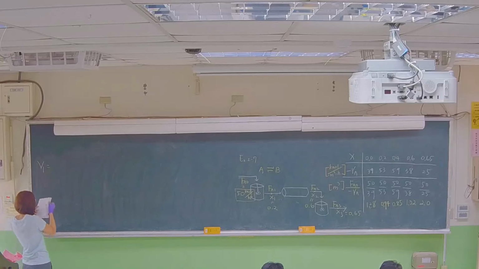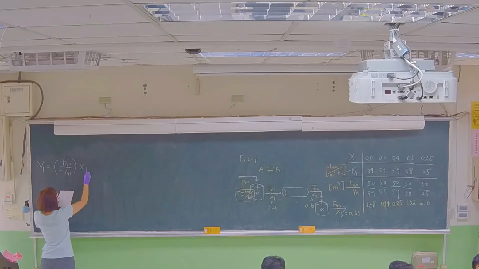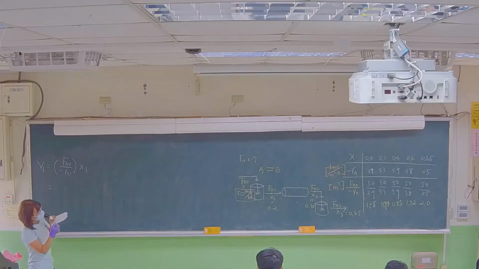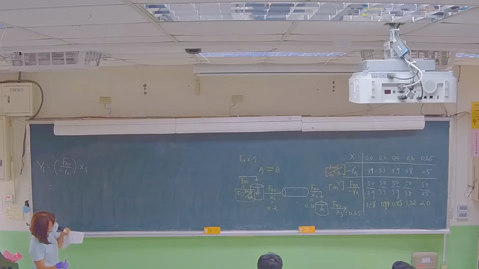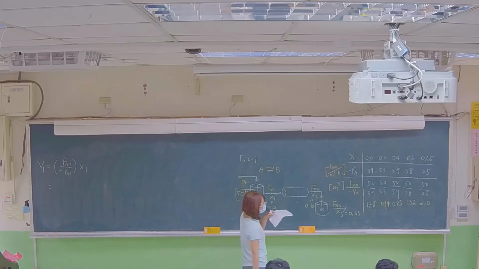The formula for V1 is... X1 is equal to 0.2, right? So FA0 over minus RA1 is 0.94. This one.